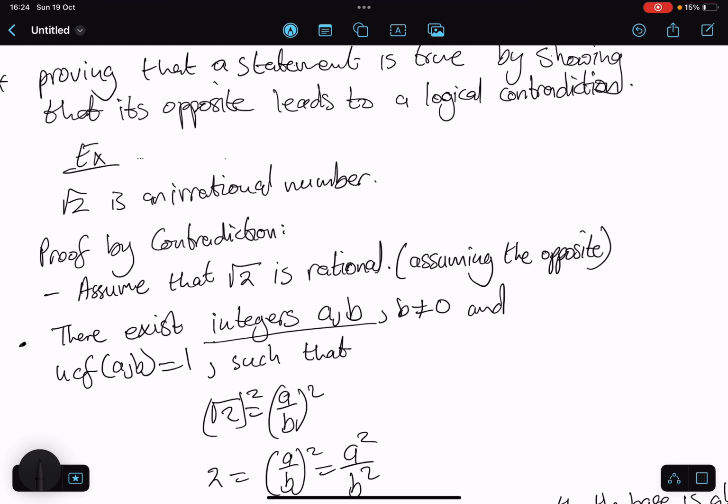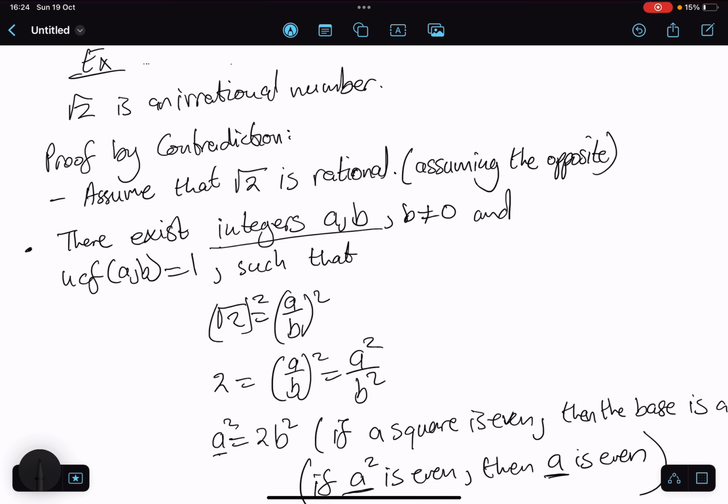So we define two integers a and b such that b is not equal to 0, and the highest common factor of a and b is equal to 1, such that root 2 can be represented using those two integers.